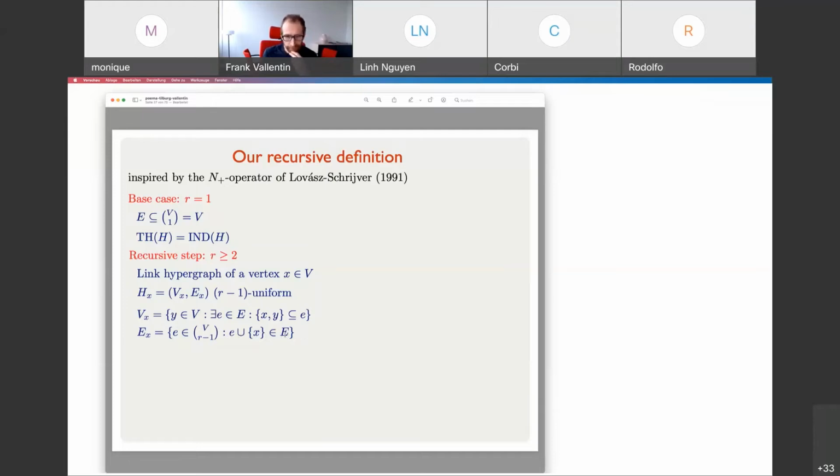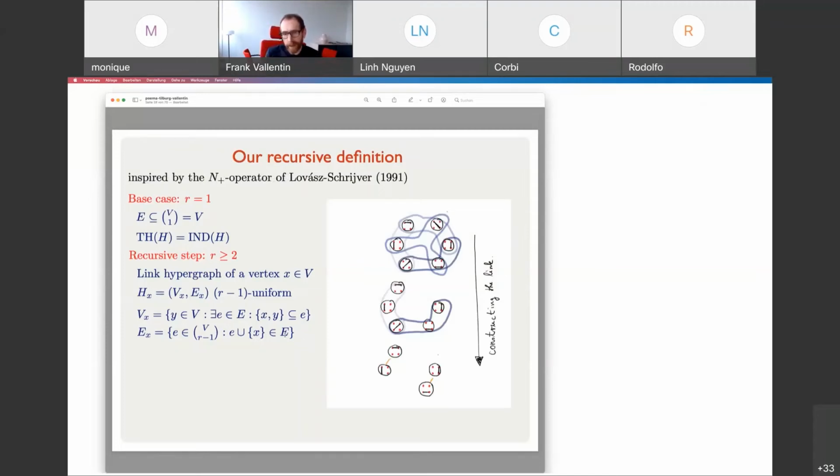This usually requires some time to digest, so let's look at the example. Here's the example of the hypergraph we discussed at the beginning again. Now I want to find the link of this vertex here. I take all edges which contain this vertex, and these are these two hyperedges. Then to construct the link, I simply delete this vertex, so I have these four vertices left.